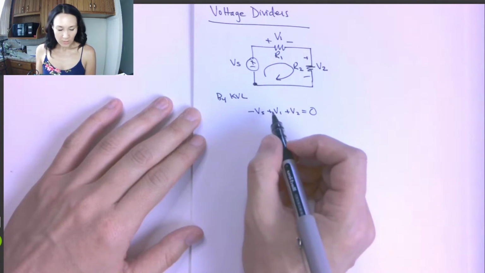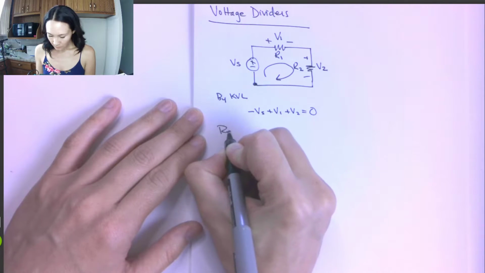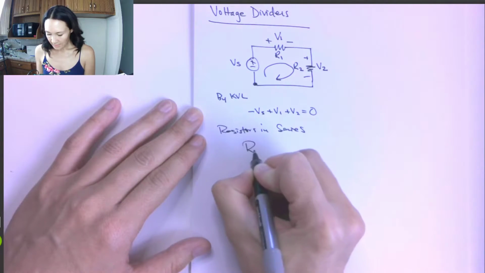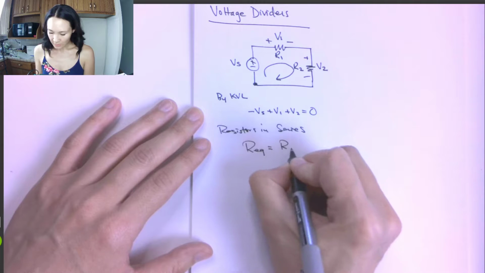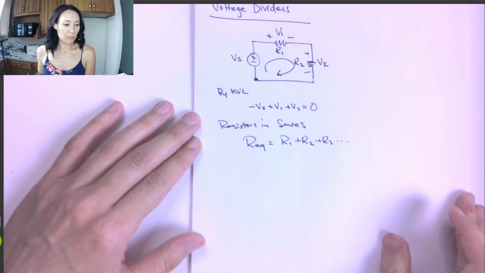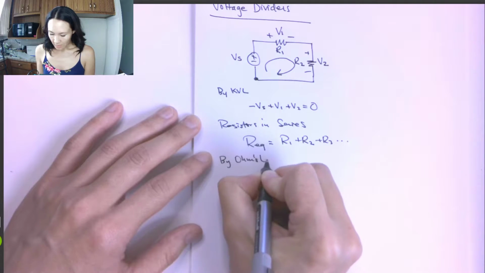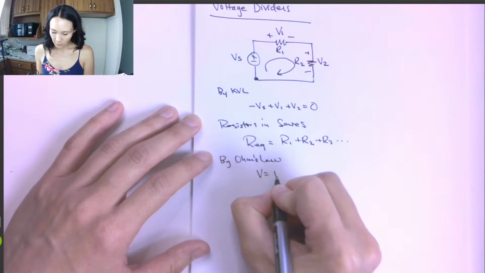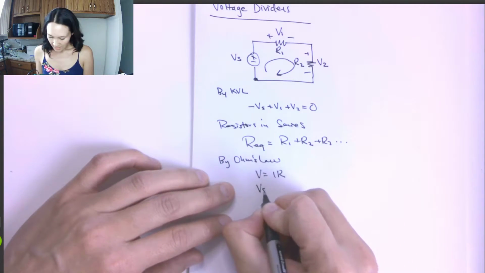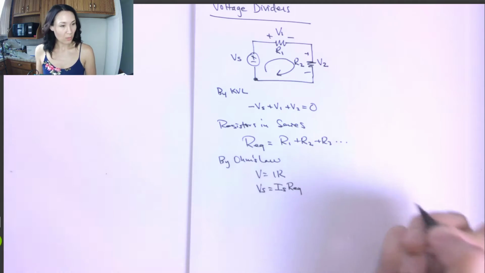So what else do we know about series resistors? For resistors in series, we saw last time that R equivalent is given by just adding up the resistance values, R1 plus R2 plus R3 dot dot dot, however many there may be. And we also have Ohm's law. So by Ohm's law, which says that V equals IR, in our circuit here, we have Vs is equal to the current coming from the source times R equivalent.